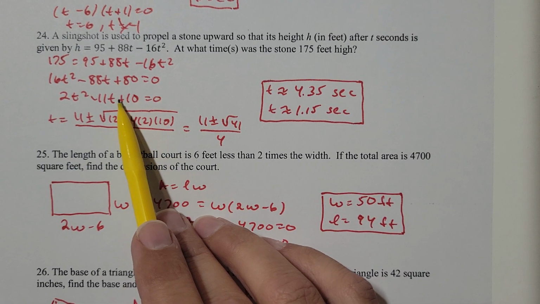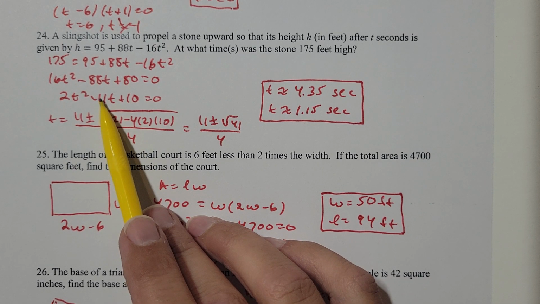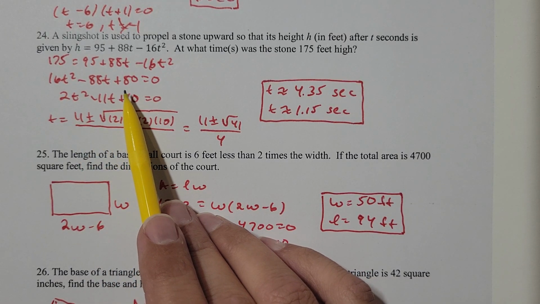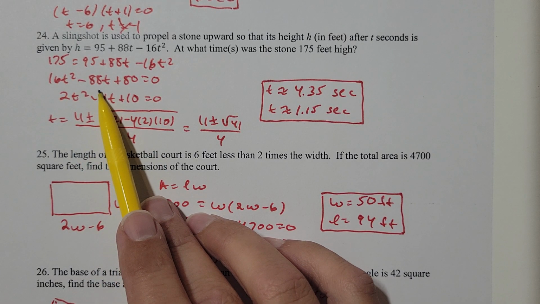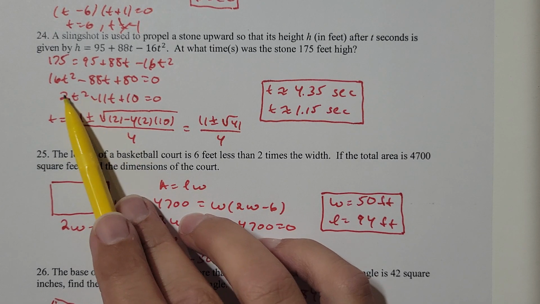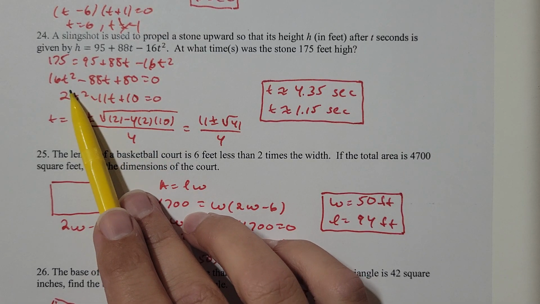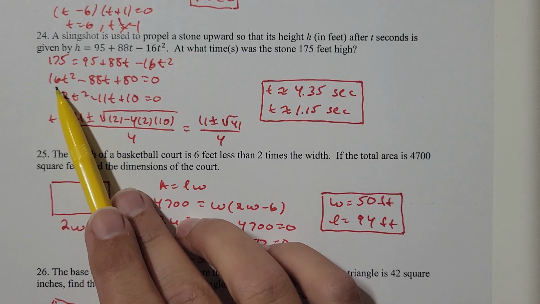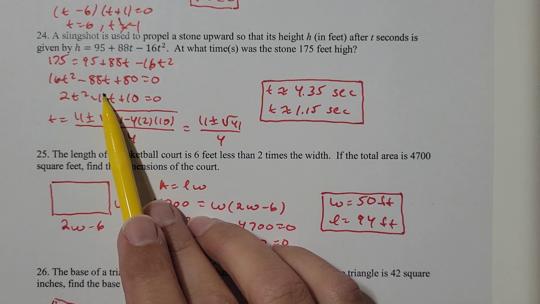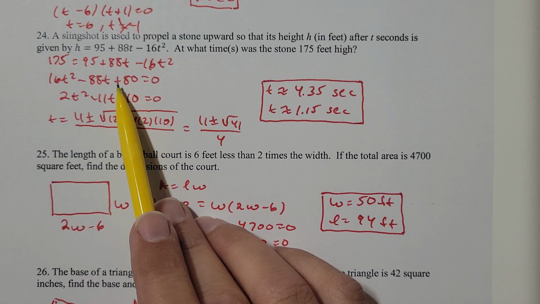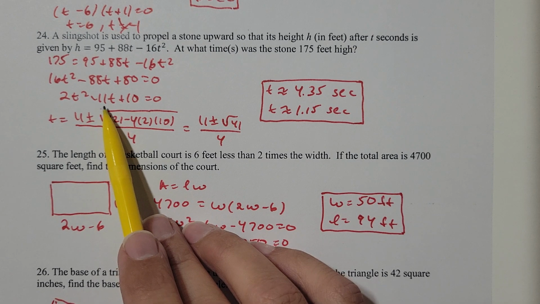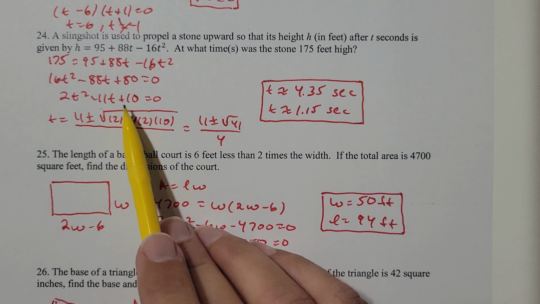Now I can make the numbers a bit nicer. 16 goes into 80, but 16 does not go into 88 evenly. 8 would be the biggest number that divides all three of these numbers. 8 times 2 is 16, 8 times 11 is 88, and 8 times 10 is 80. So I'm looking at 2t squared minus 11t plus 10 equals 0.